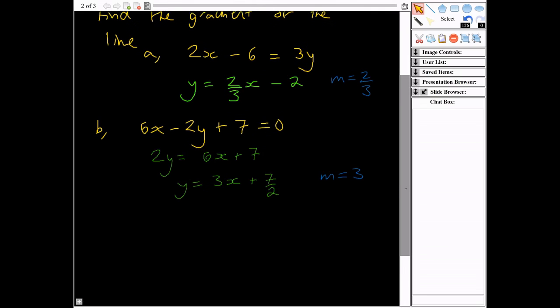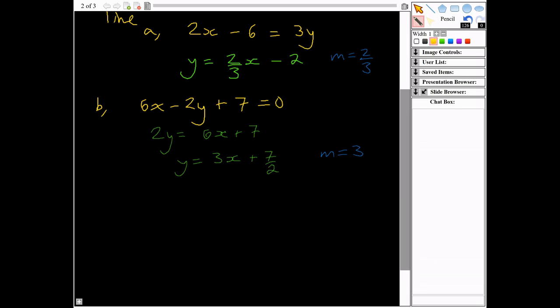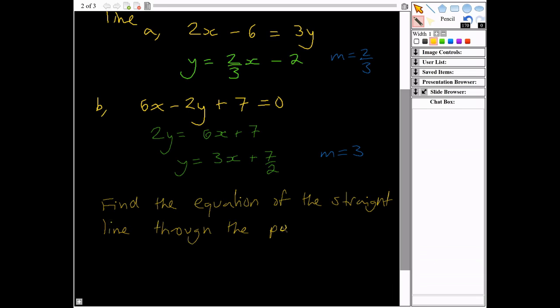Now, another thing you might be asked to do is, for example, find the equation of the straight line through the points A, which can be 5, 3, and B, which can be minus 2, 6.